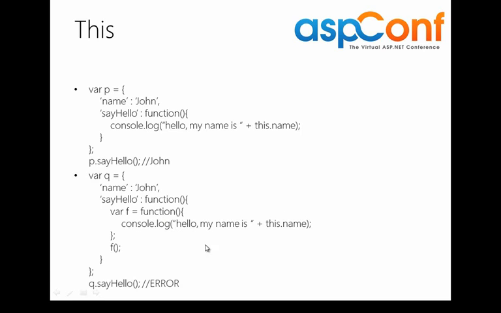And since it's window, q.sayHello gives you an error. Oh, sorry, my bad. Q does have a method called sayHello, but in console.log hello, my name is this.name, window does not have a name. So it does not have this.name, and as such it can't find a property called name. If you add a global variable called name, then this would obviously work, but that global variable would be referenced.